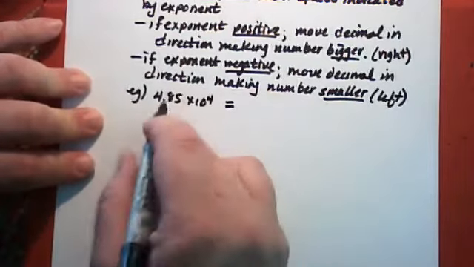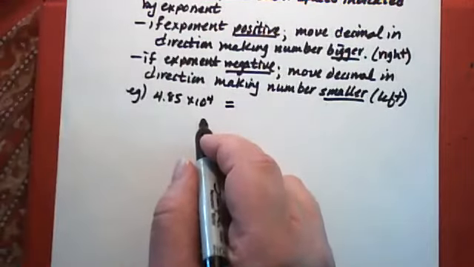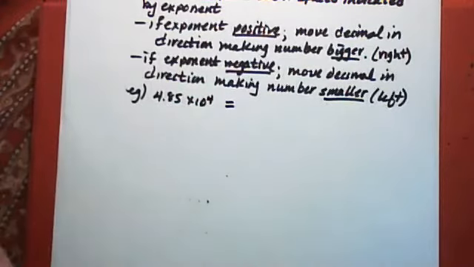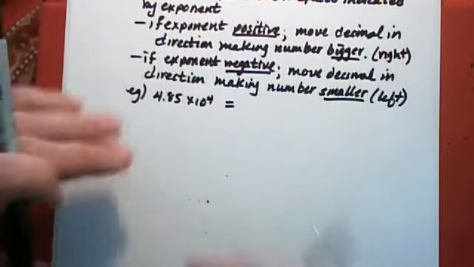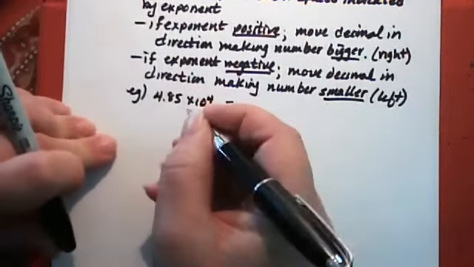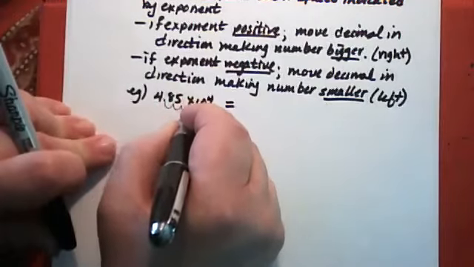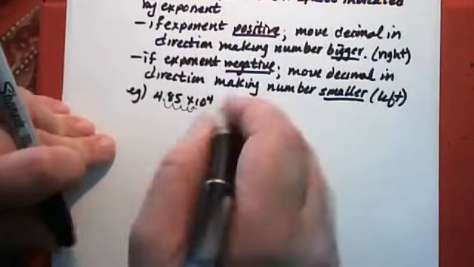Okay, if we have 4.85 times 10 to the fourth, then essentially what we're going to be doing is moving the decimal point four spaces in the direction that makes the number bigger.